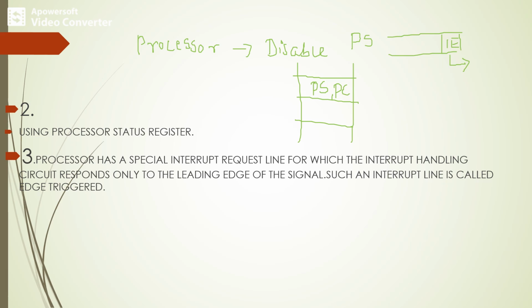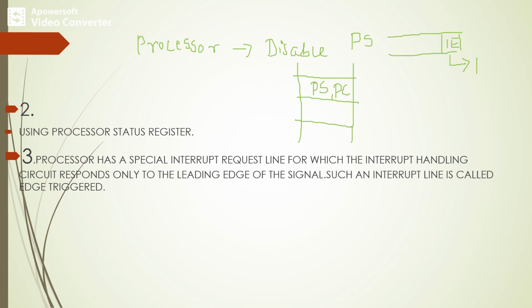The interrupt enable bit will enable interrupts when the IE bit is set to 1. After saving the contents of the PS register on the stack, the processor clears the interrupt enable bit in its PS register, disabling further interrupts.